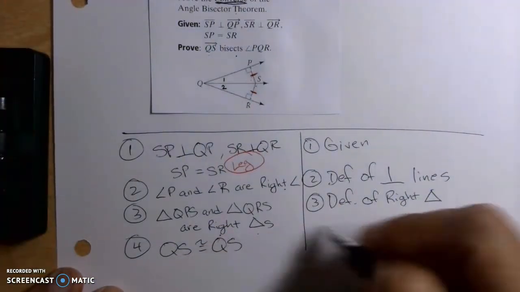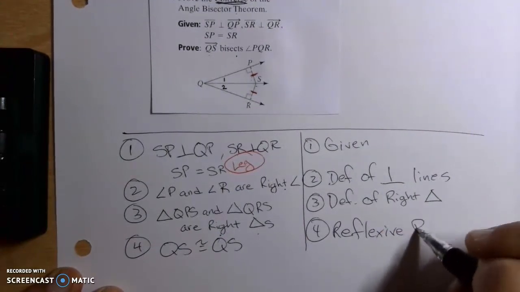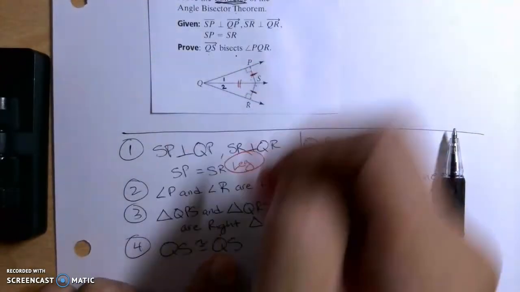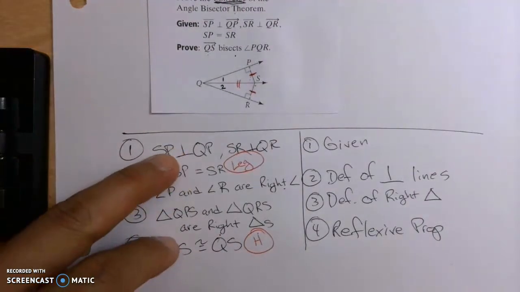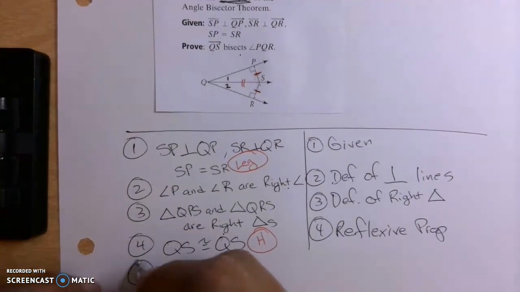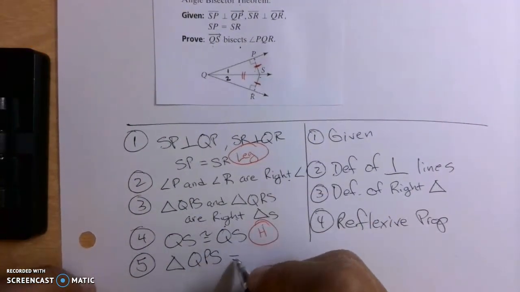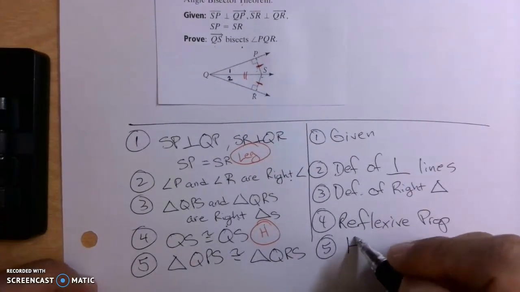And that is obviously the reflexive property. And instead of putting an S for another side length, this is actually H for hypotenuse. Okay? And now I can say that because I've got the hypotenuse leg down, and I mentioned we've got right triangles, the top triangle is congruent to the bottom triangle because of hypotenuse leg.